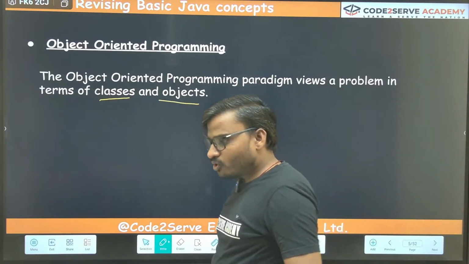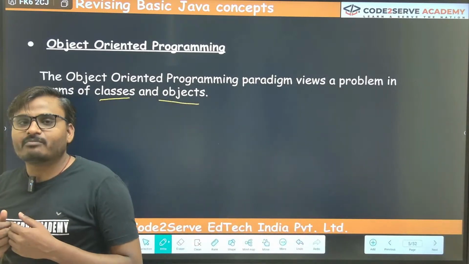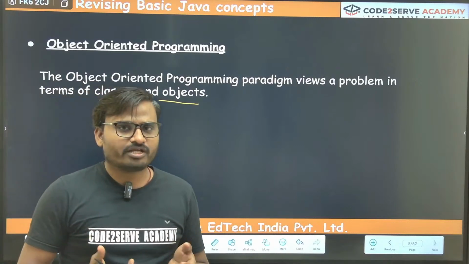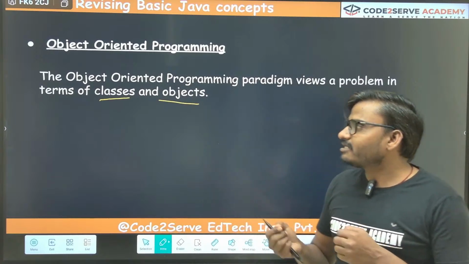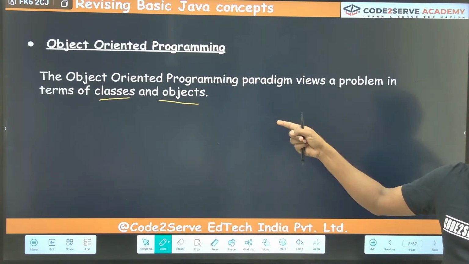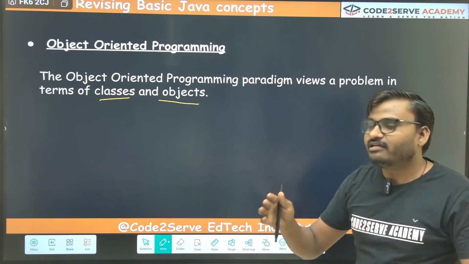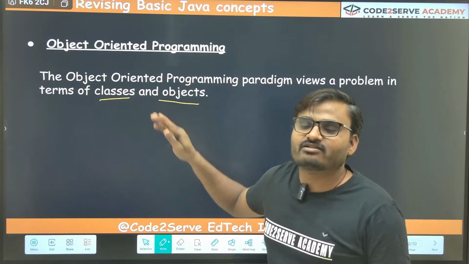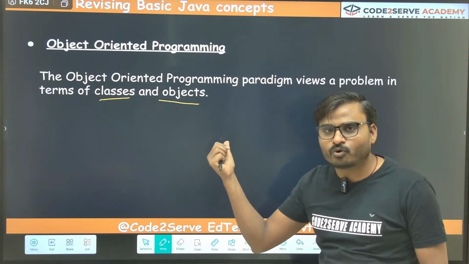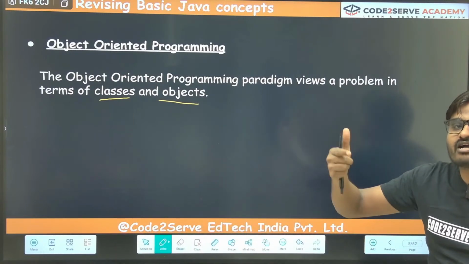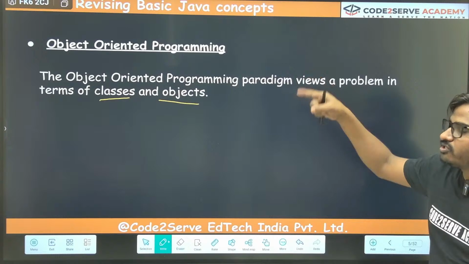I told you a programming paradigm is a style or way of coding, how you write. Similarly, in object-oriented programming, everything we see is in terms of class and object.